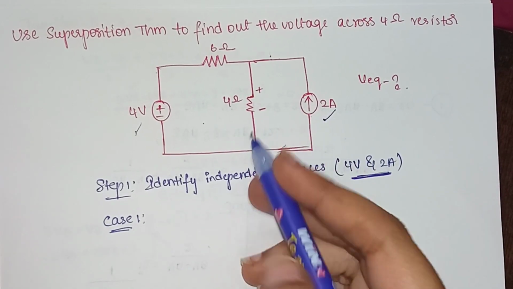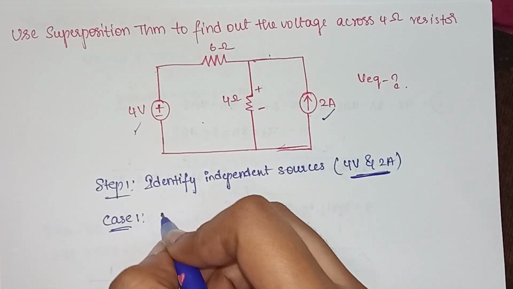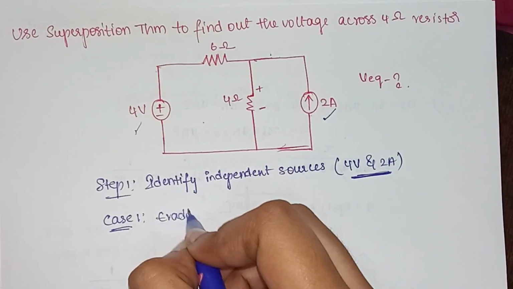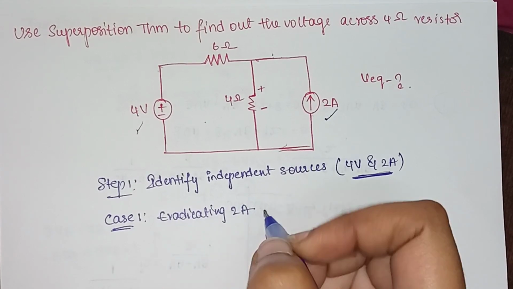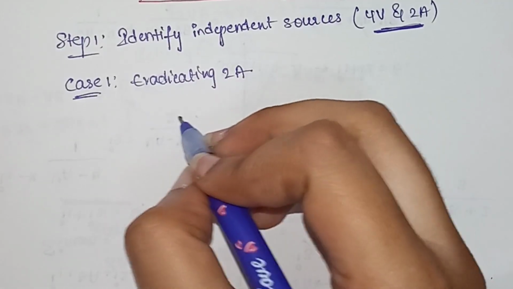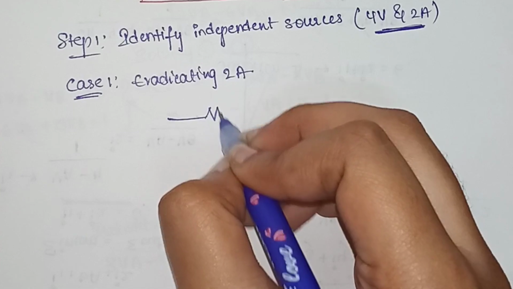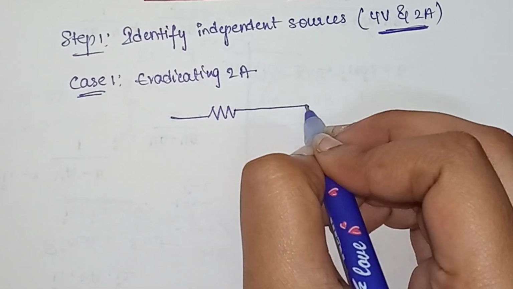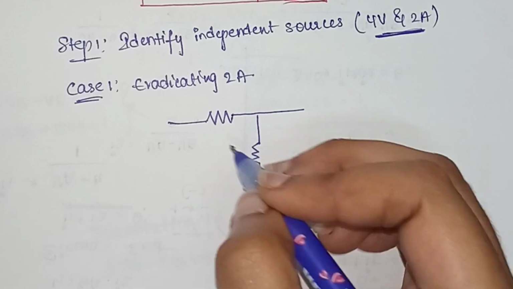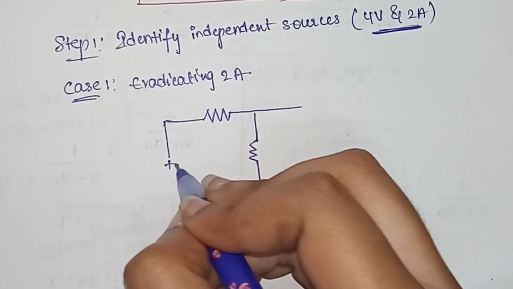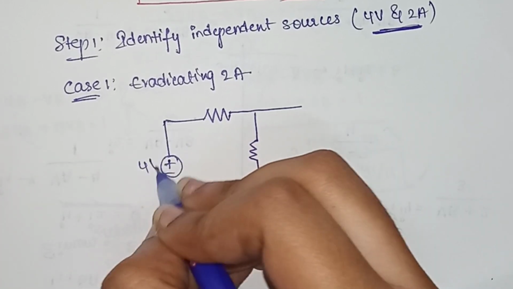So let us see the diagram. We are eradicating the 2 amperes of current, so our circuit diagram will be in this form now. Here we have our 4 volts.